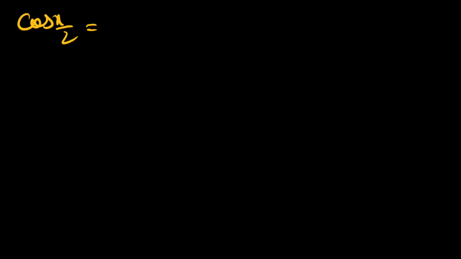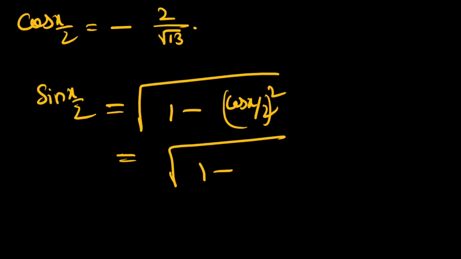Now the remaining value is sin x/2. We find sin x/2 using cos x/2: the square root of 1 minus cos squared x/2, that is 1 minus (2 by root 13) squared. In the second quadrant sine is positive, that's why we choose the positive value.